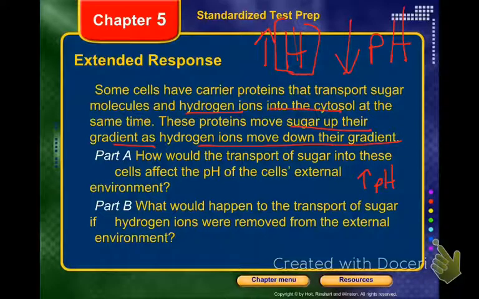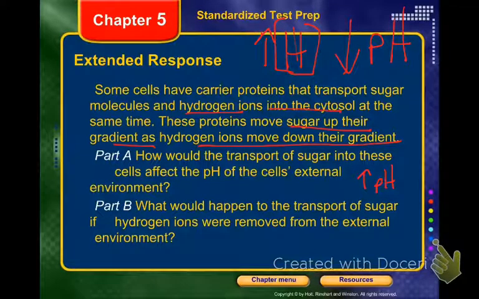What would happen to the transport of sugar if hydrogen ions were removed from the external environment? If you remove the hydrogen ions, could you transport the sugar anymore? Nope.